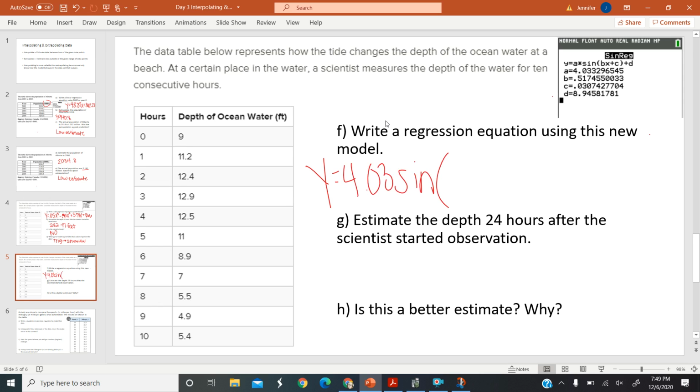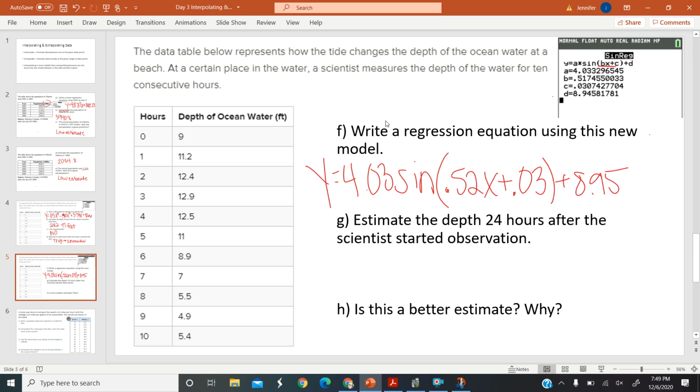And notice that the b is not factored out right here, so you're not going to write it factored out, but that does cause it to be a little bit more tricky when you're trying to find the period, which we shouldn't have to do in this problem. But we have bx plus c, so it's 0.52x plus c is 0.03. And then plus d is 8.95.